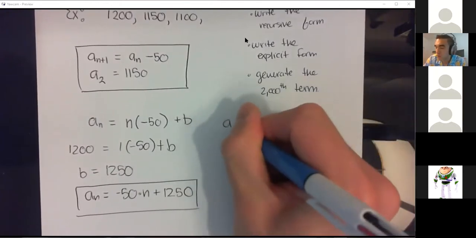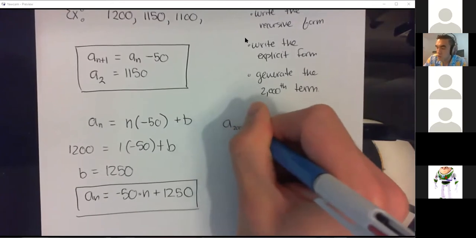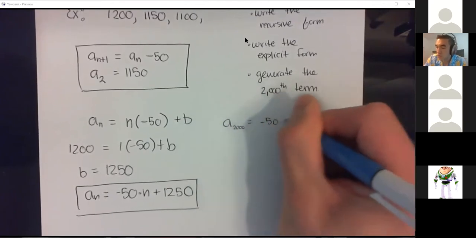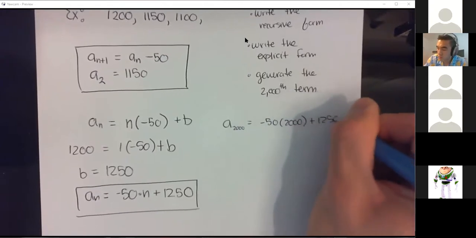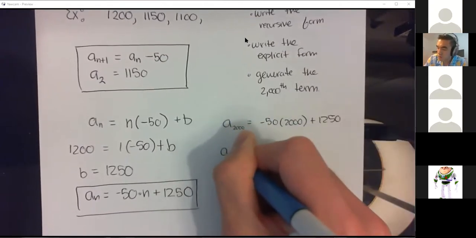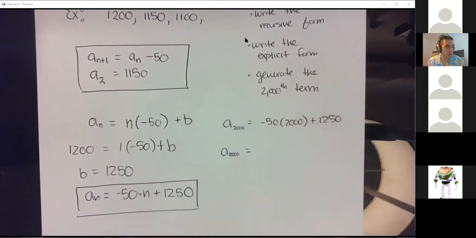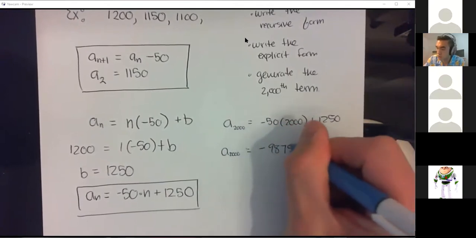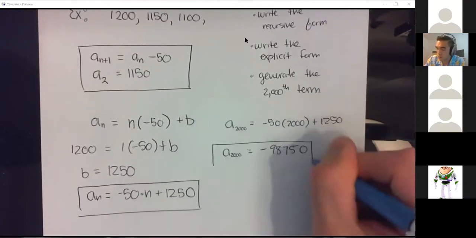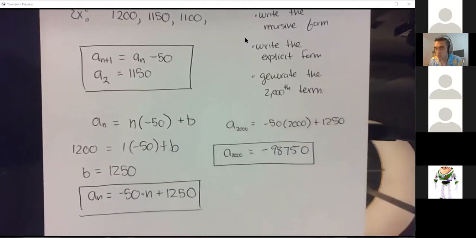And so for the final part, a sub 2000 should just be equal to negative 50 times 2000 plus 1250, which in this case is negative 98,750.